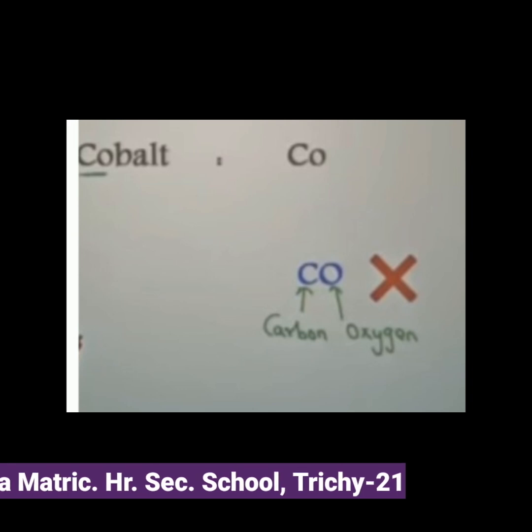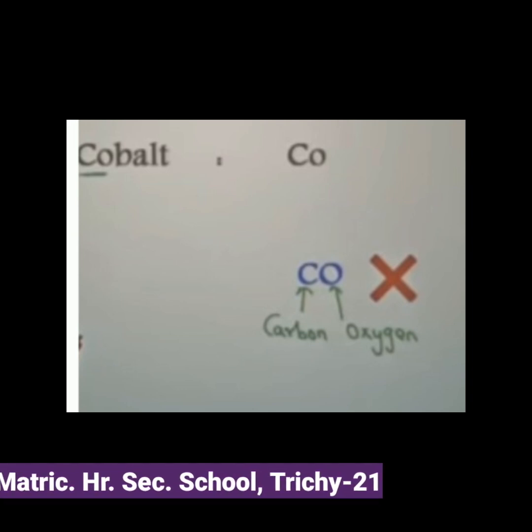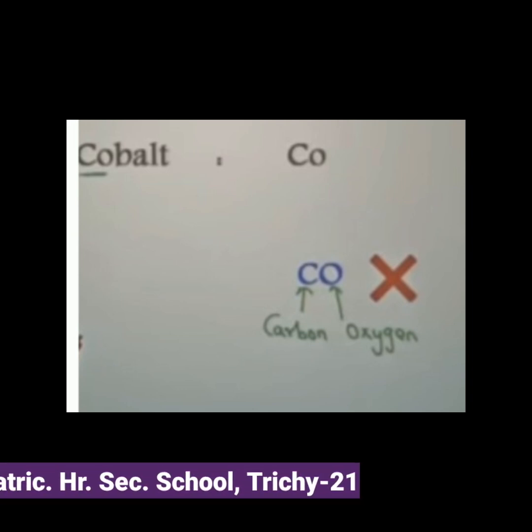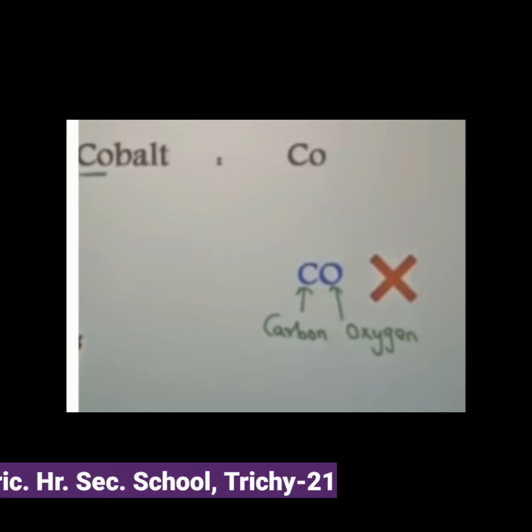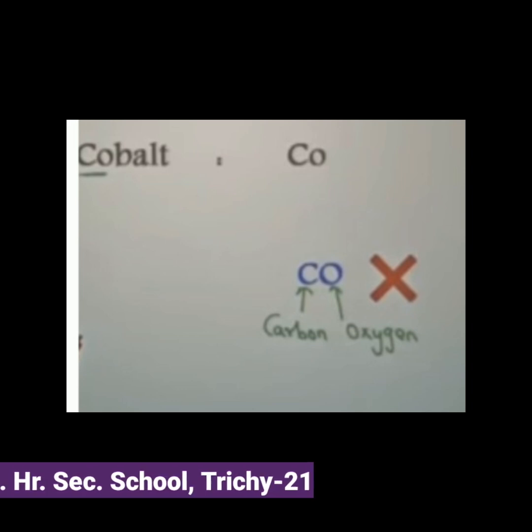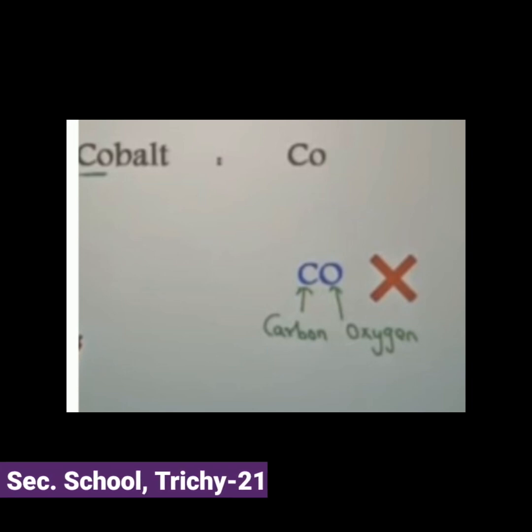So, if the name of an element has the same initial letter as another element, then the symbol uses the first and second letters of the element name. The first letter is in uppercase and the second letter is in lowercase.